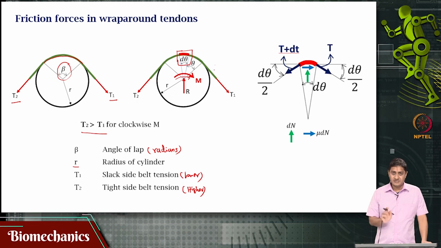So, we zoom in to this element and what we see is drawn here. There is this extremely small sector due to the angle d theta, and the radius is r.